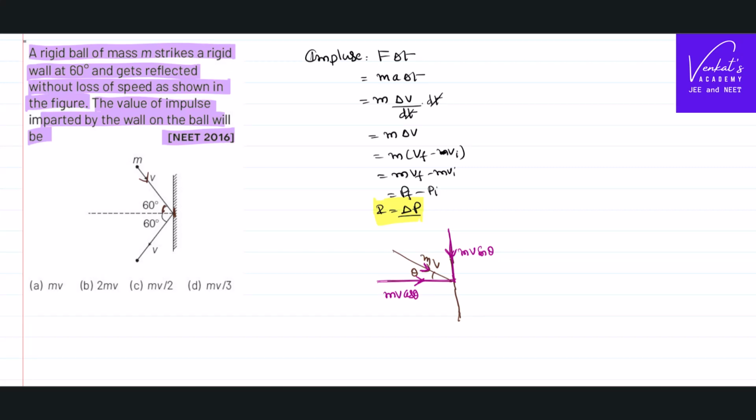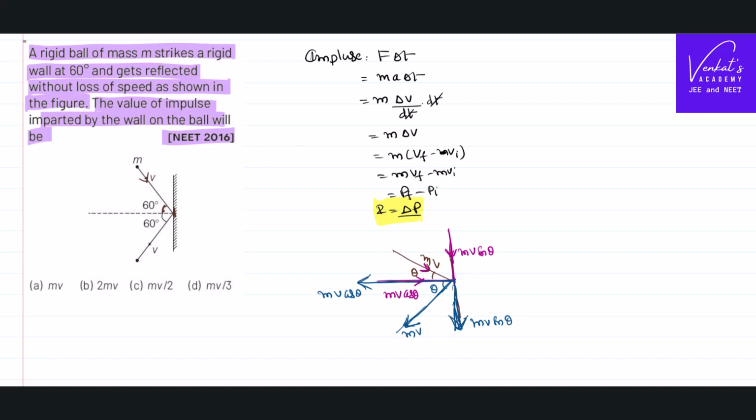What happens after the collision is it bounces back with the same velocity and same angle, as given in the problem. So this also has a momentum mv, which can again be resolved into components: the adjacent component mv cos theta, and the other component mv sin theta. Again, notice the directions of the components. As mv is outward, both these components are outward.